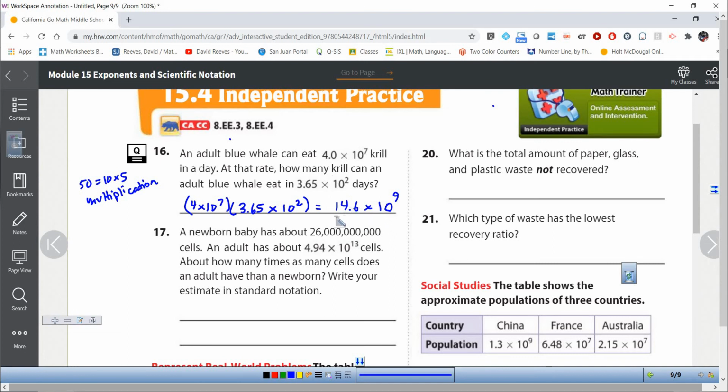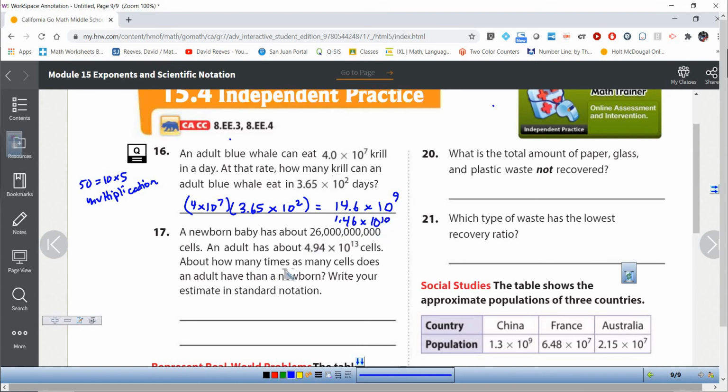So 14.6 is too big, right? I need to change that to 1.46. What did I just do? I made this number 10 times smaller. So this one must get 10 times bigger, and it becomes 1.46 times 10 to the 10. That is how many krill an adult blue whale can eat in a day. That's a lot of krill.